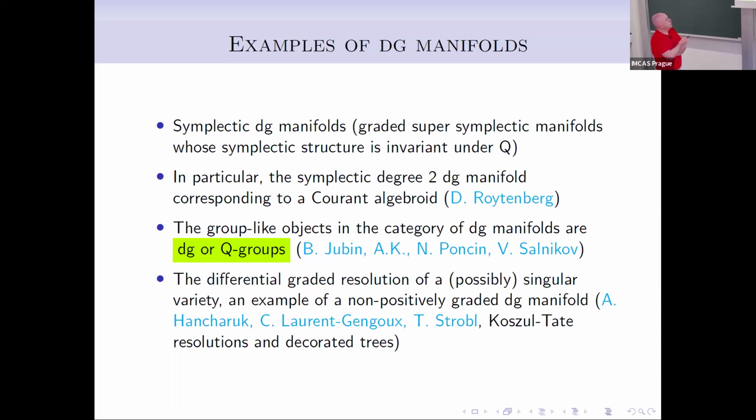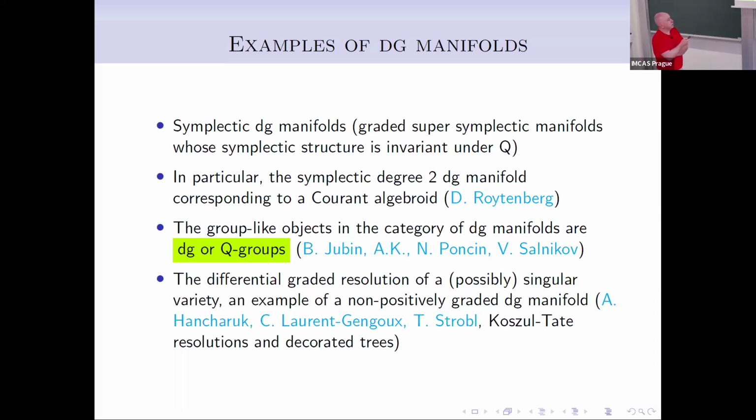And another example is a differential graded resolution of a possibly singular foliation. This gives a DG manifold which grows in the opposite, negative, not positive direction. This is what is called Kashul-Tate resolutions, and there's a nice construction which was explained in the last seminar.